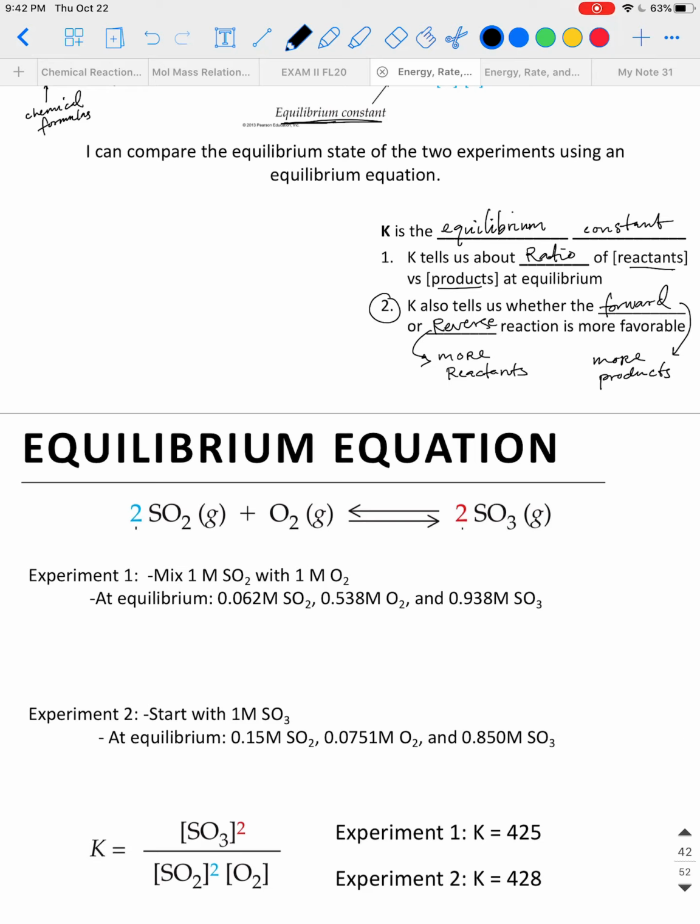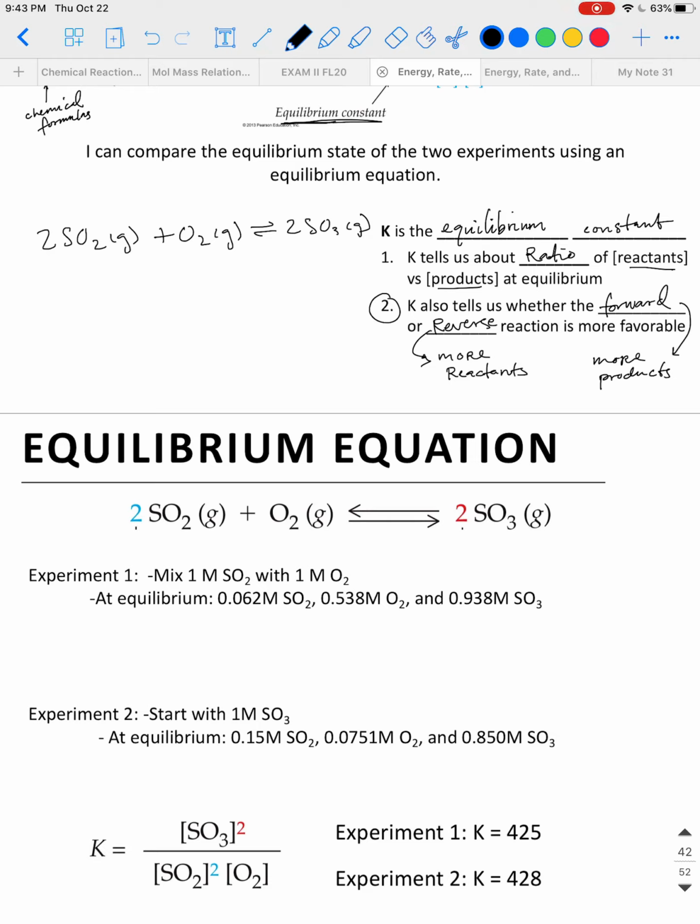There should be some sort of reaction right here. I'll just write it in: 2SO2 gas plus O2 gas, reversible arrows, 2SO3, and that's a gas.